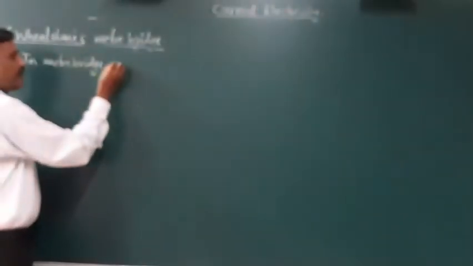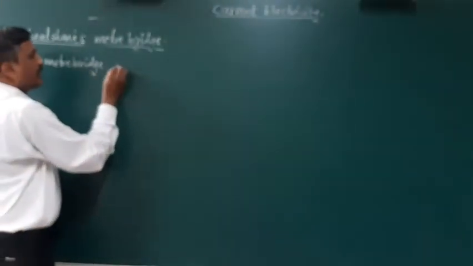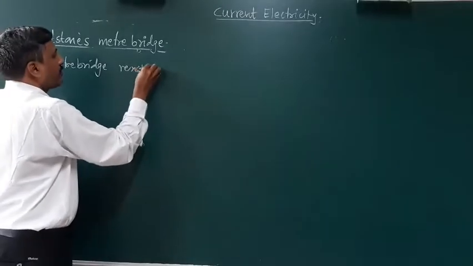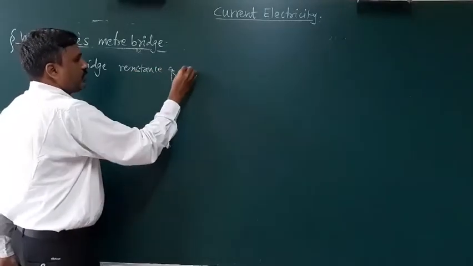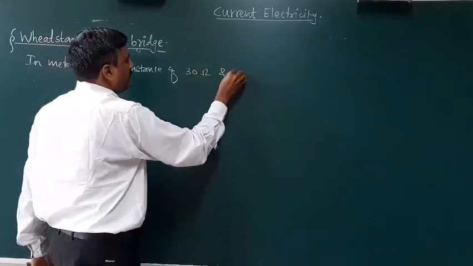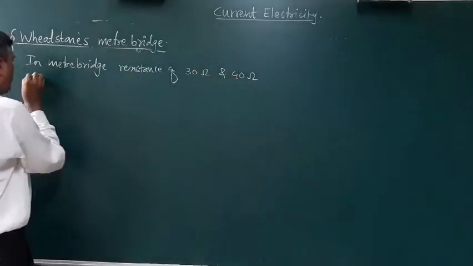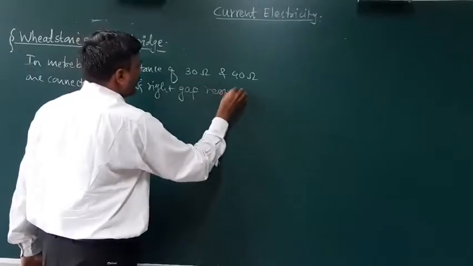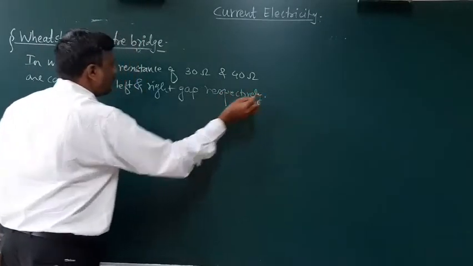In a meter bridge, resistances of 30 ohm and 40 ohm are connected in the left and right gap respectively.